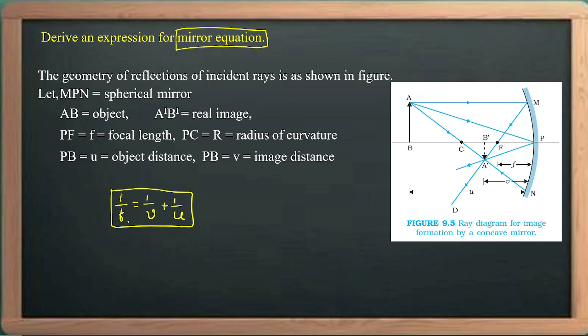So this relates the focal length, image distance, object distance, and magnification is given by image height divided by object height. So that is equal to minus image distance by object distance. This is especially for mirror. Okay, so mirror equation is 1 by f is equal to 1 by v plus 1 by u. This is called mirror equation.